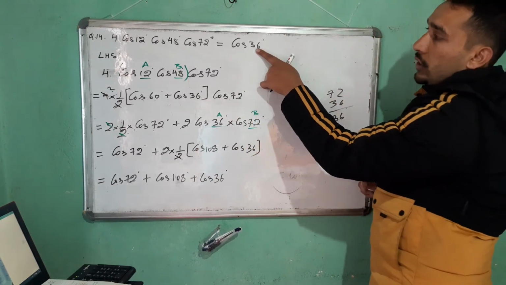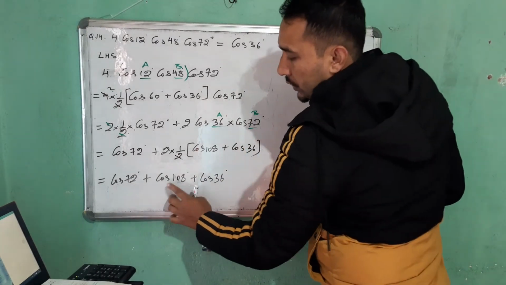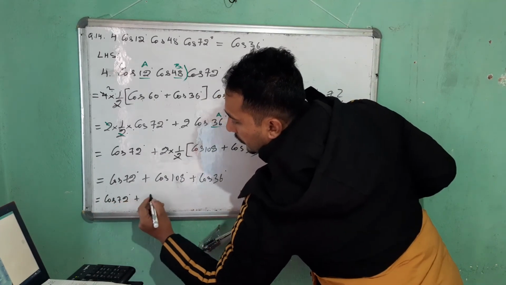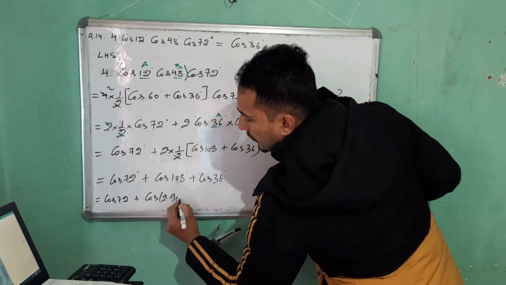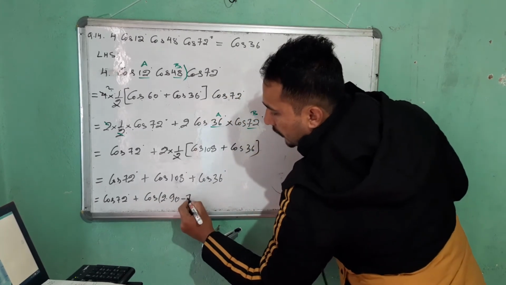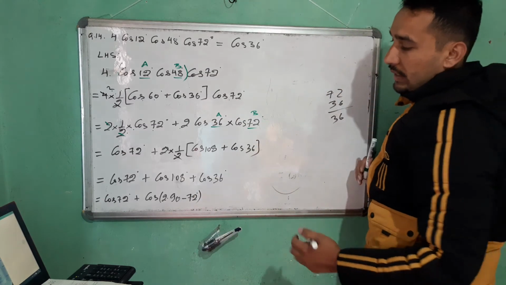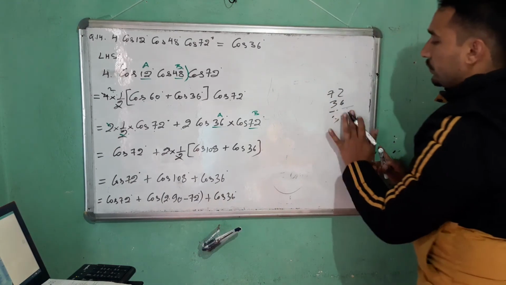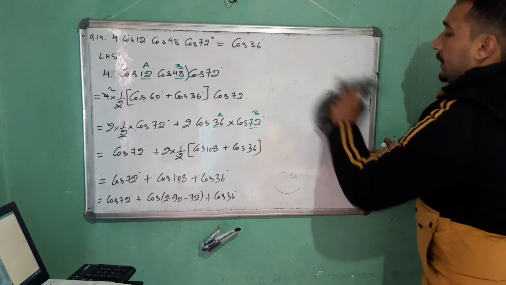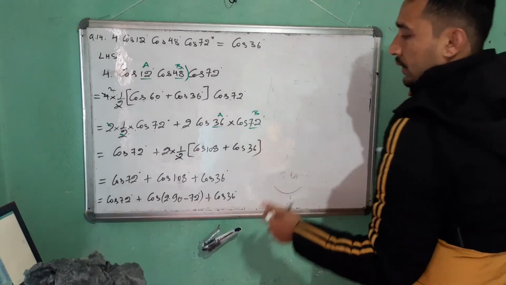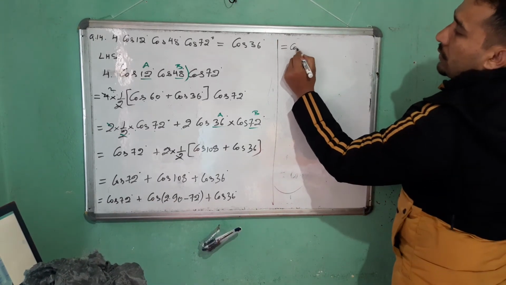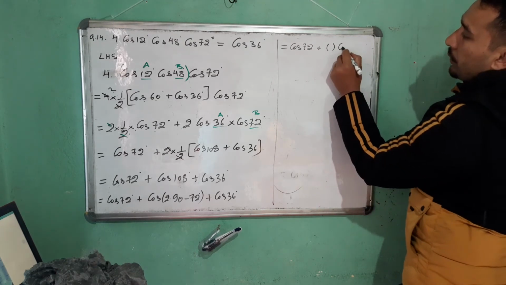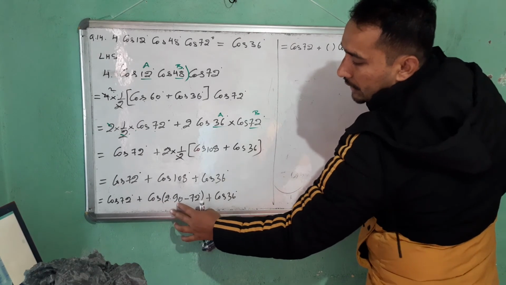So you have to get cos 36 degree; I have to get rid of the other terms. Convert this: cos 72 degree plus cos of 2 into 90 minus 72. 2 into 90 is 180 minus 72 will be 108, plus cos 36 degree. Here it is cos of n into 90 minus theta.